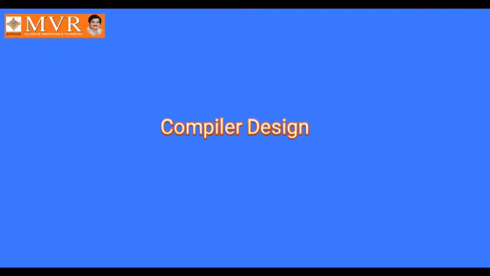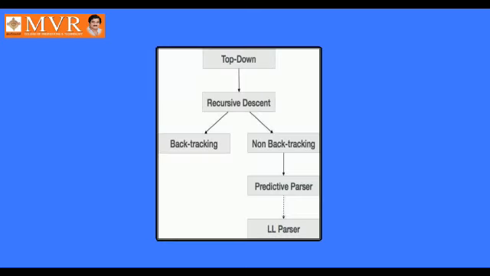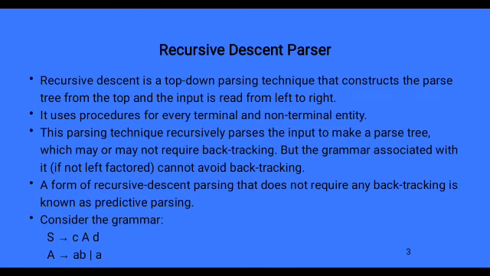We have seen all these in yesterday's class. These are the different types of top-down parsers: recursive descent, backtracking, non-backtracking, and predictive parser.